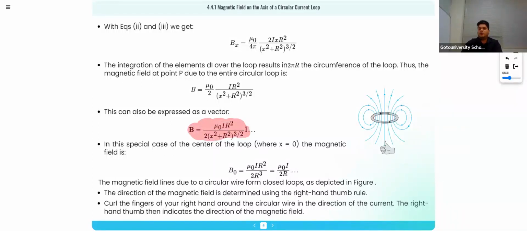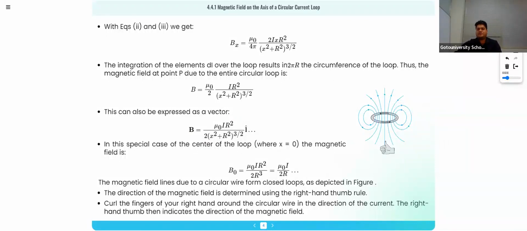At the center of the loop, you will keep x equal to 0. When x is 0, B naught will be equal to mu naught I R square upon 2 R cube. This R square and R cube cancel partially, so you will get mu naught I upon 2R.